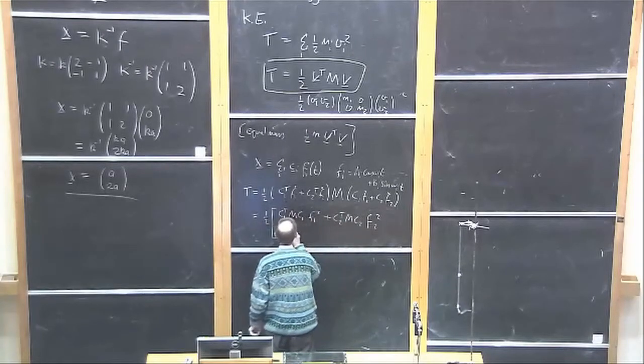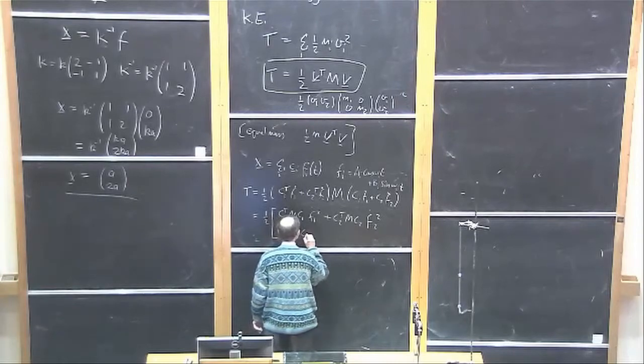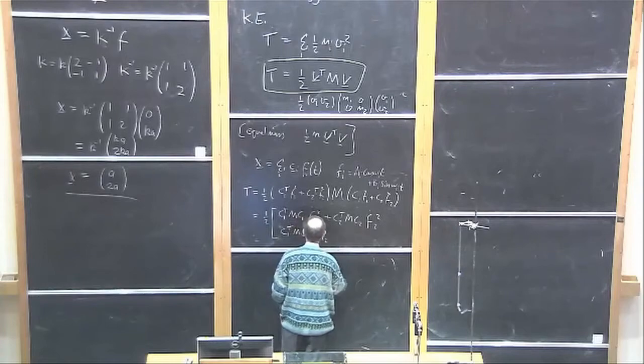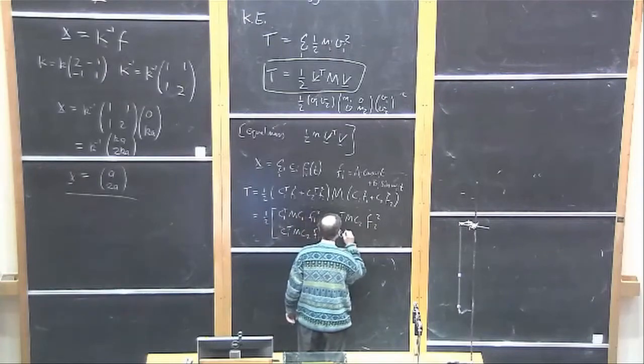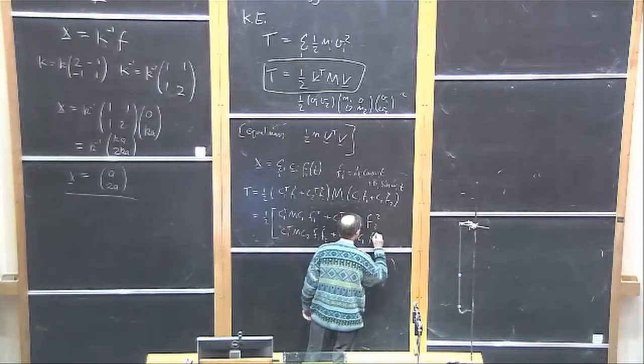And then the 2 cross terms are C1 transpose MC2 F1 dot F2 dot plus C2 transpose MC1 times the same thing, F1 dot F2 dot.